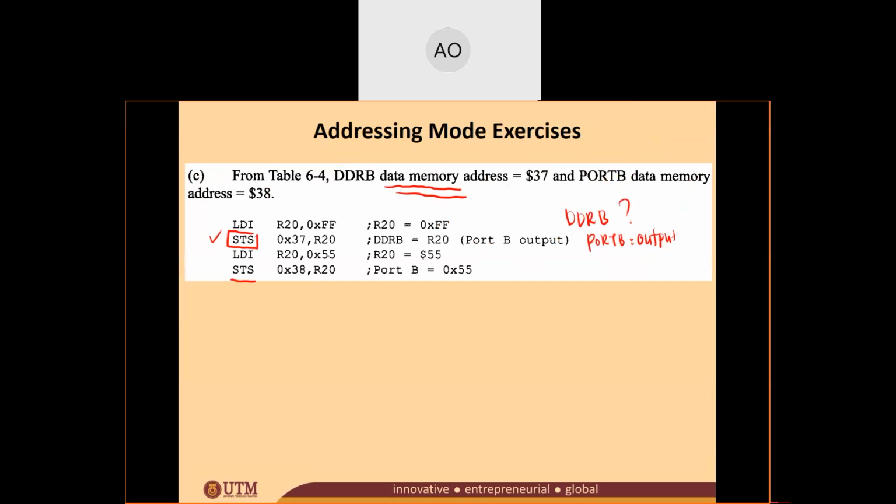So automatically 55 is now sent to your port B. Any question? Is there any question for the direct addressing mode? For the direct addressing mode, it means that you know the address, the address where you're going to put or read the data.